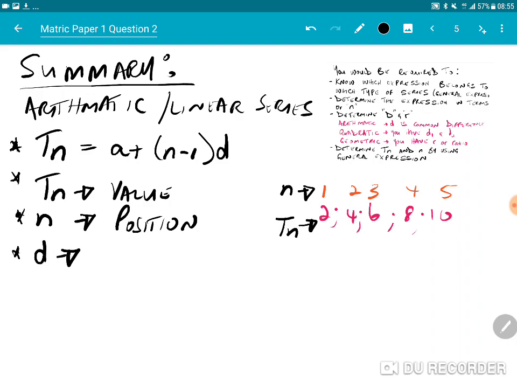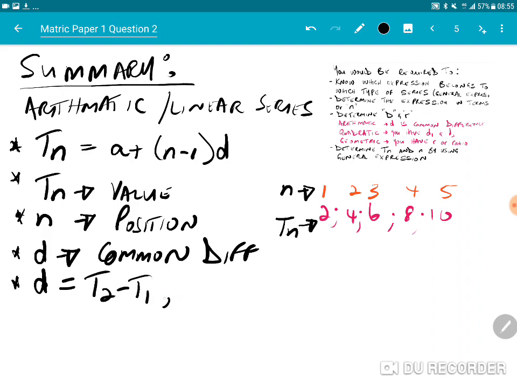We know what D is: it's the common difference. We know how to determine D, because D is equal to T2 minus T1, which is also equal to T3 minus T2.